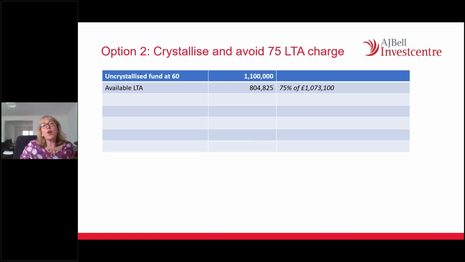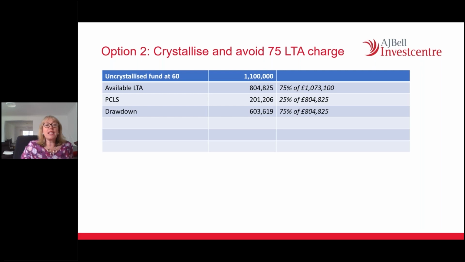The alternative, option 2, is that he crystallises at age 60, and then he does what he can not to pay a lifetime allowance charge. So this is an uncrystallised fund at 1.1 million. His available lifetime allowance is 75% of the current lifetime allowance, which is 1,073,000.